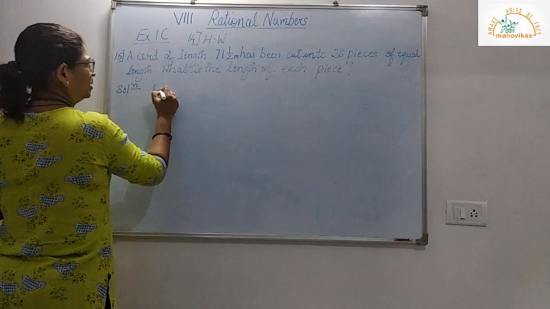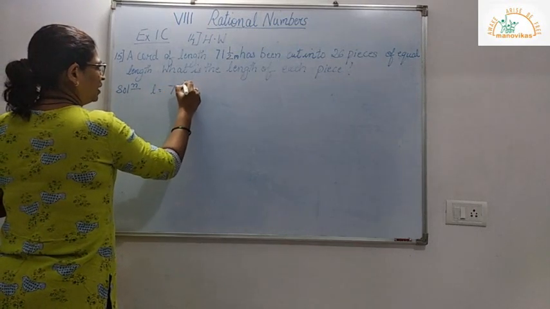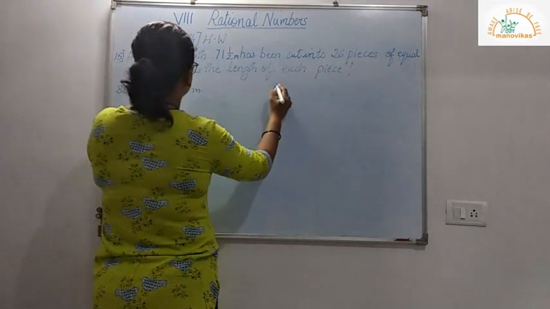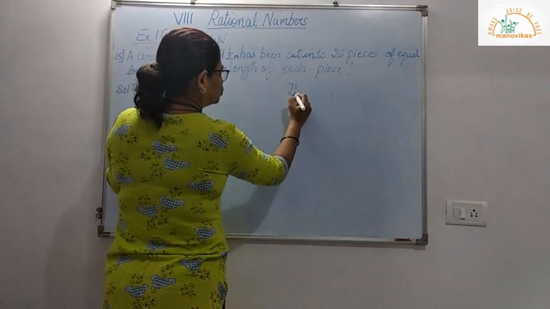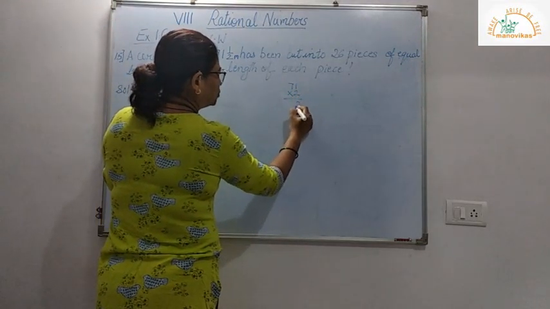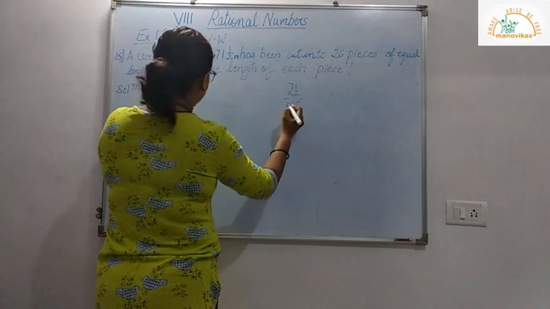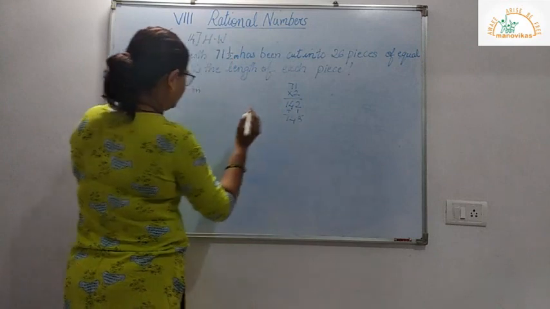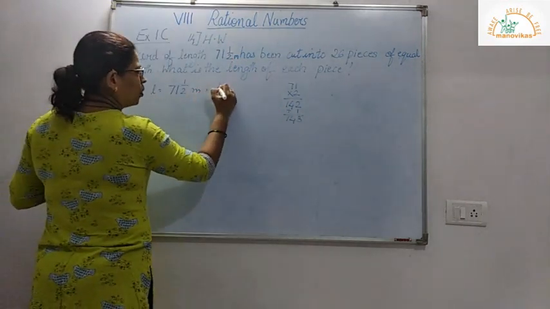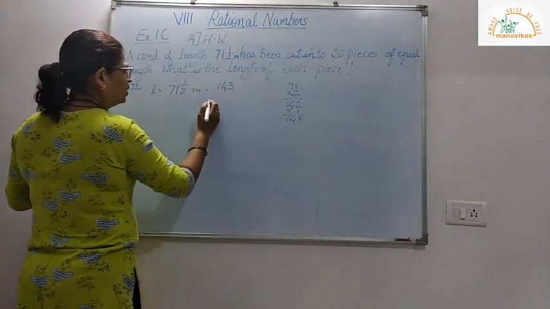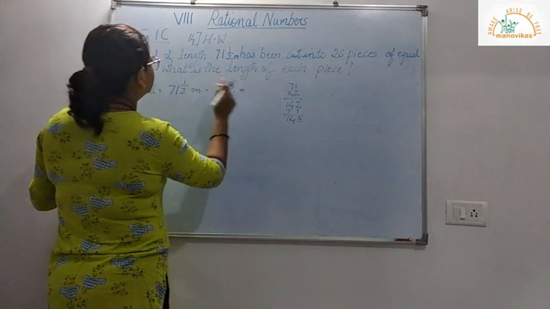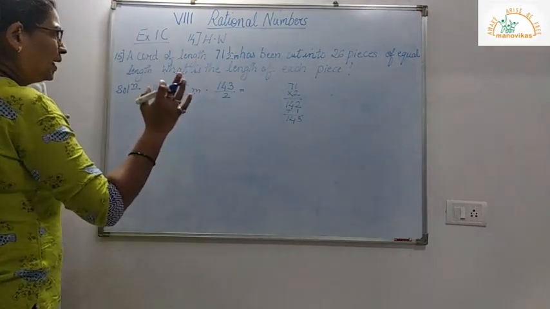So my length here is 71 1 upon 2 meters. So here this is 71 into 2. So 2 ones are 2, 2 sevens are 14, plus 1. So I get it as 143. So it is 143 divided by 2. So this is my total length.